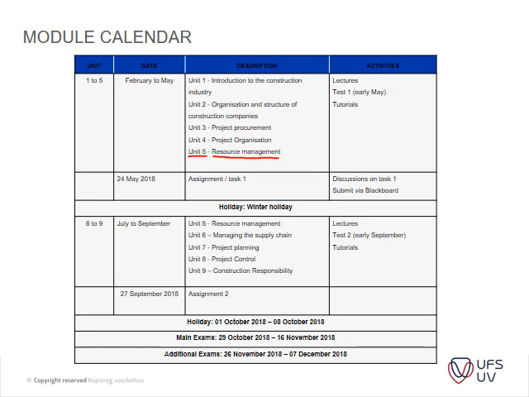So we're actually finishing with that today. Next semester we will start with Unit 6, Managing the Supply Chain, and then we will start preparing for our first test of semester 2.